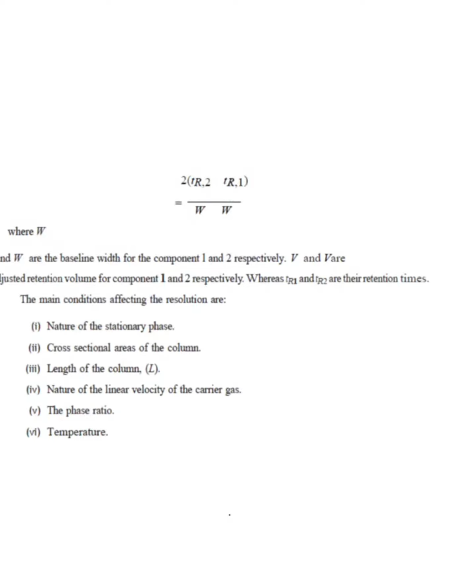So the main factors affecting the resolution are the nature of the stationary phase, the cross section, the length of the column, the linear velocity of the carrier gas, the phase ratio, and the temperature. These are the main factors which affect the resolution of the chromatogram.